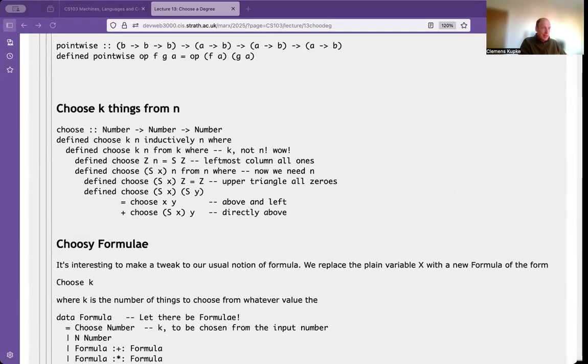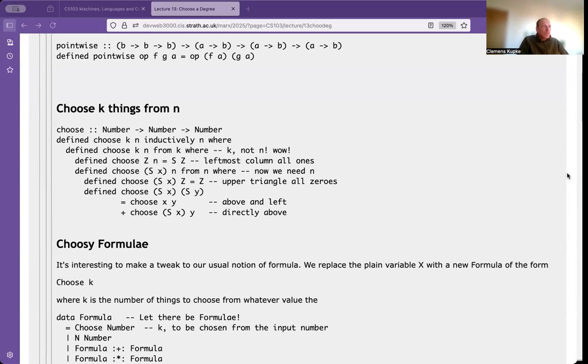this choose operation. So choose k n computes the number of ways to select k things from n. So what's the deal? If you're choosing no things, there's one way to do it. If you want more than one thing, then you better see how many things are available.